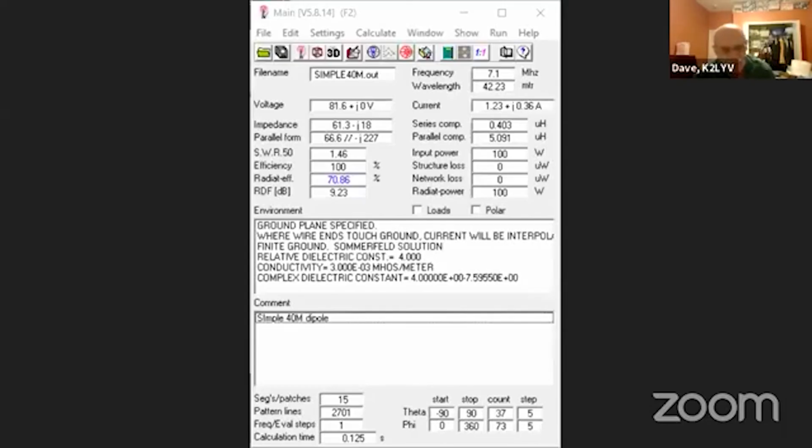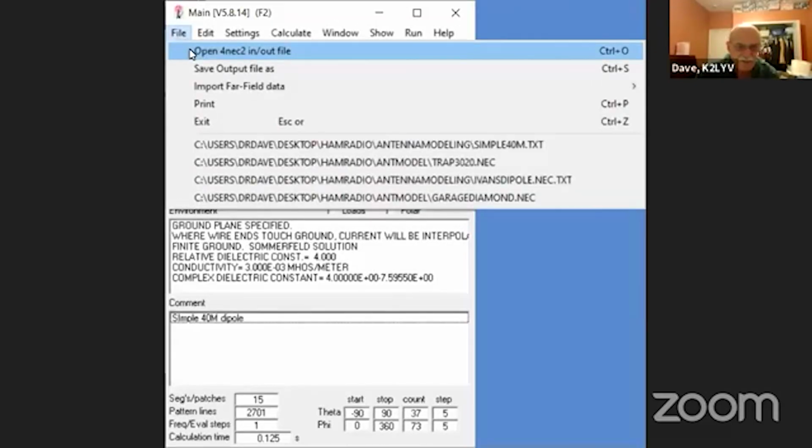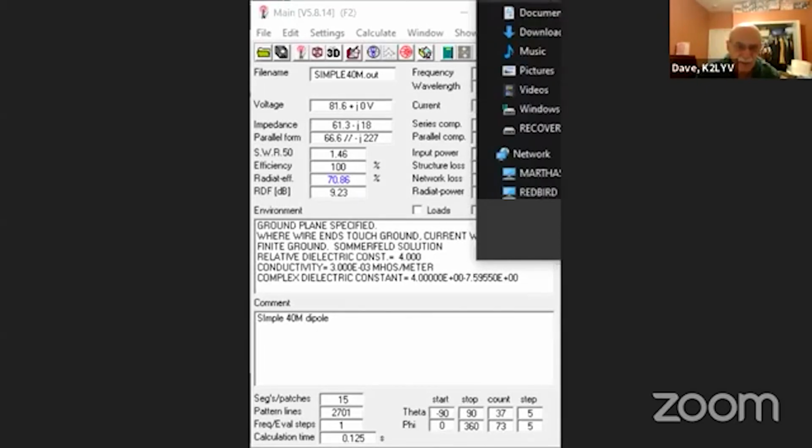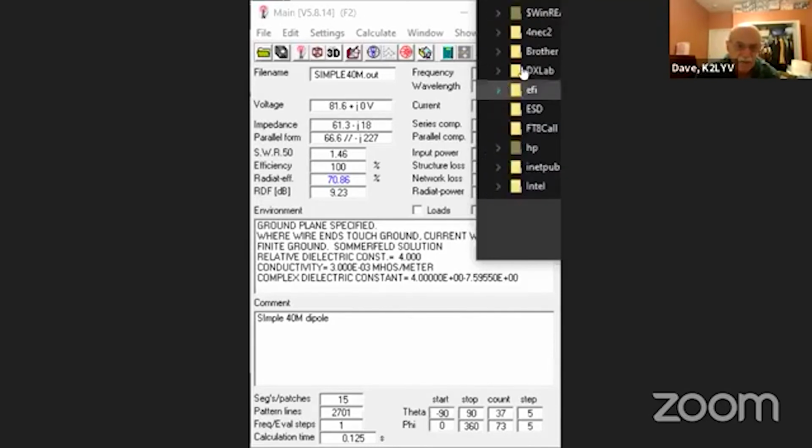Okay, so this is the main window. If you do File here, you can obviously save a file. This is my directory of antennas that I've modeled for one reason or another. But the program itself, this is the install directory for the program, and there's a little folder called models, and guess what's in there?